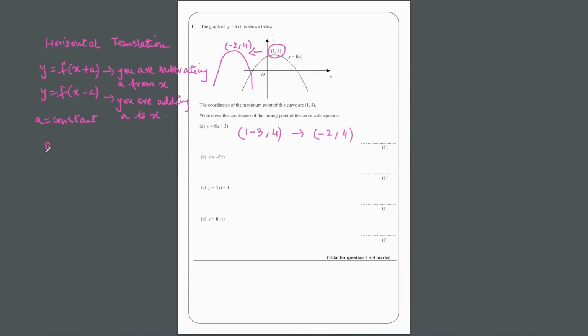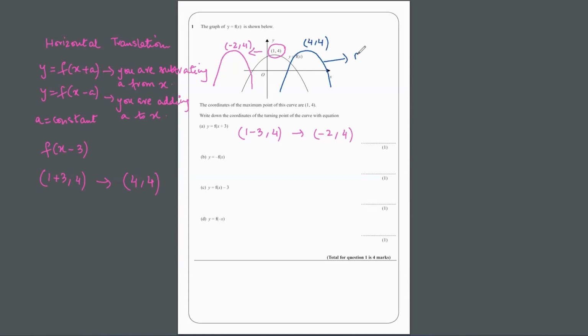If, for example, it was f of x minus 3, then we would add 3 to 1. So that would be 4, 4. In that case, your graph would move over here.